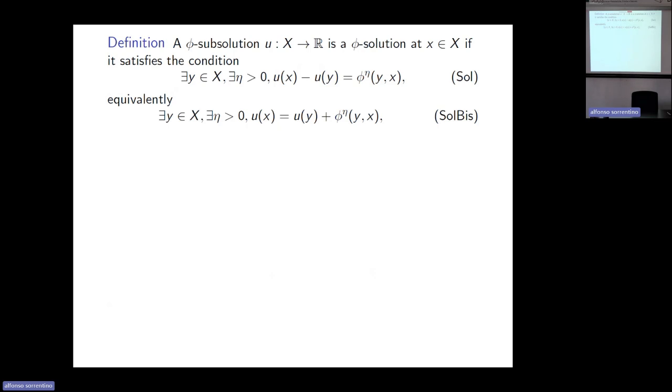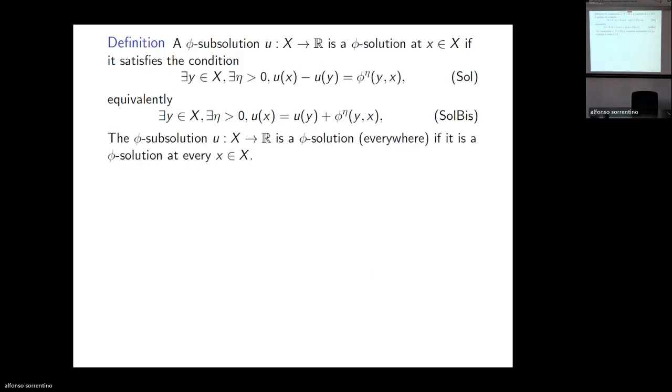Well, in fact, you never say anything about the supersolution. Yeah, you just do the comparison. Well, in fact, you can get the comparison also with the supersolution in that case.